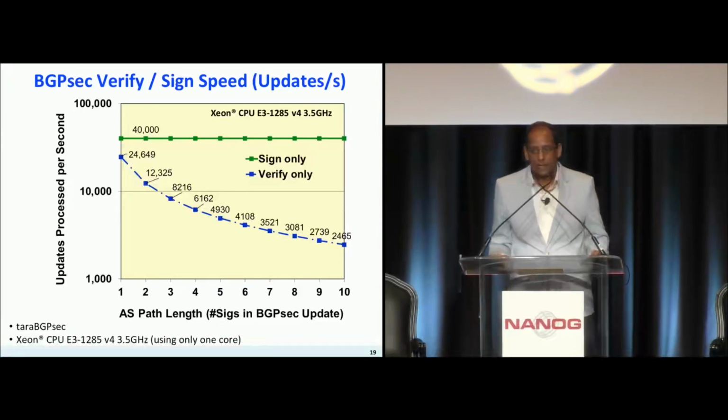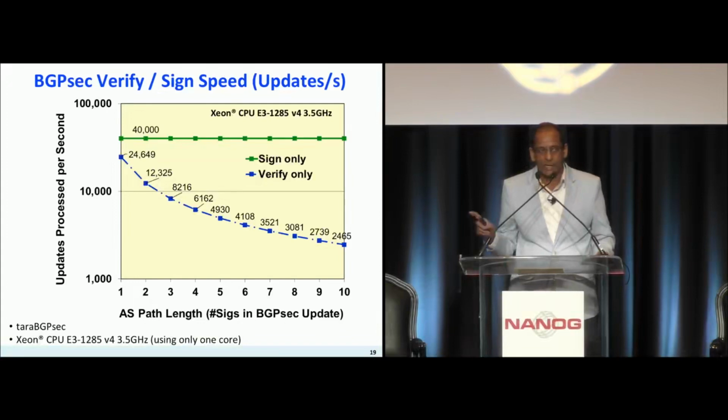So that is why the signing speed pretty much stays constant. It is independent of the AS path length. But the verification speed, updates verified per second, would be approximately inversely proportional to the AS path length. The right-hand side of these charts is accurate based on measurements, and as you go to the left, it gets a little bit conservative, but that is okay.